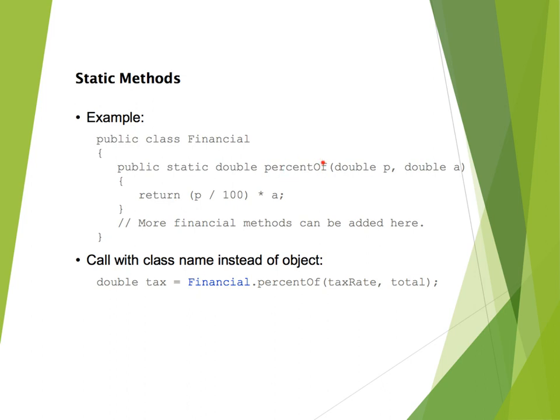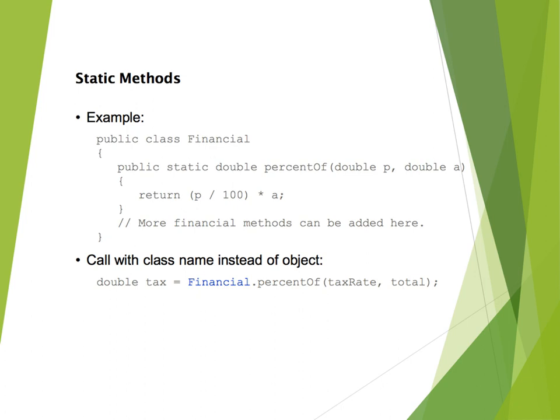So this method is basically encapsulating this mathematical formula. You can have many of these methods inside this class, but it's better to make them static so that you don't need to create an object of Financial if you want to use these formulas.